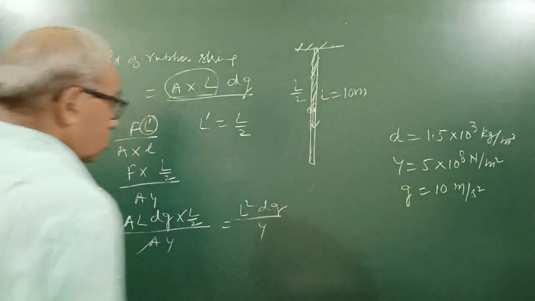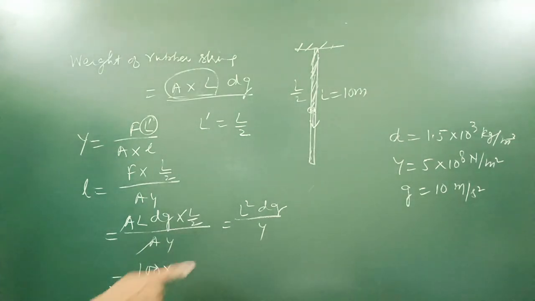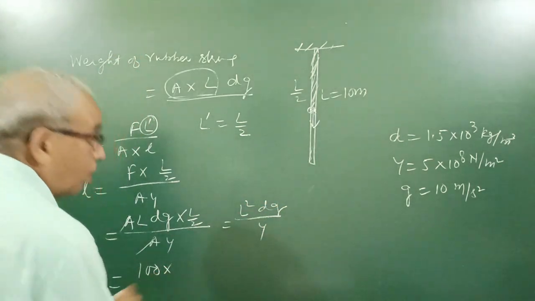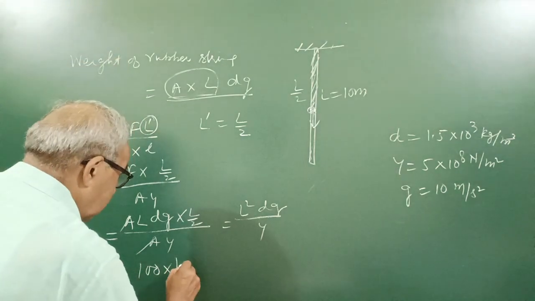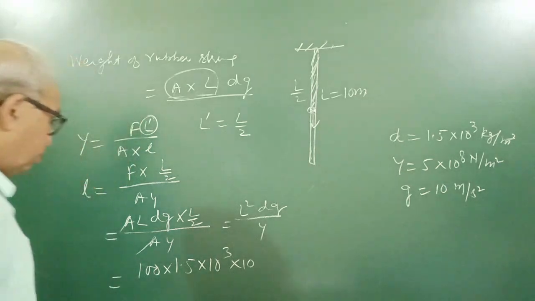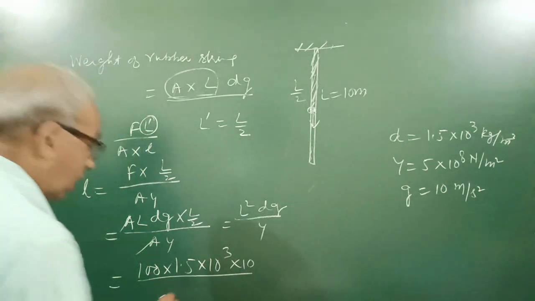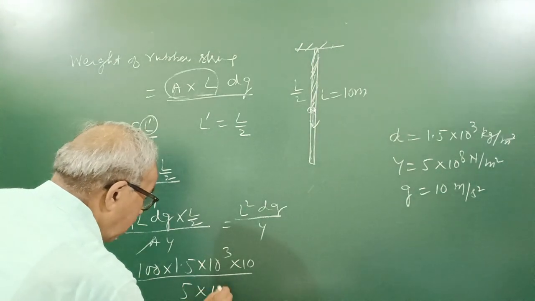Put the values. Length 10, square is 100, into density 1.5 into 10 to the power 3, g is 10, upon Y, Young's modulus 5 into 10 to the power 8.